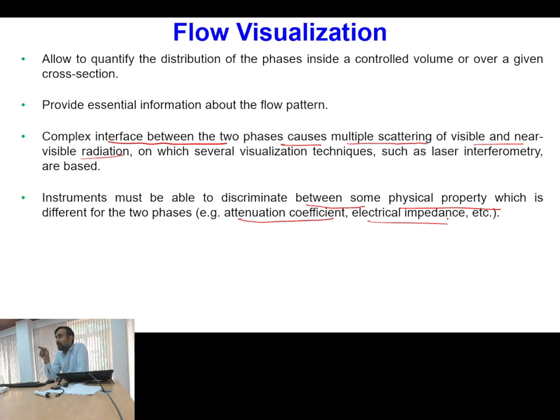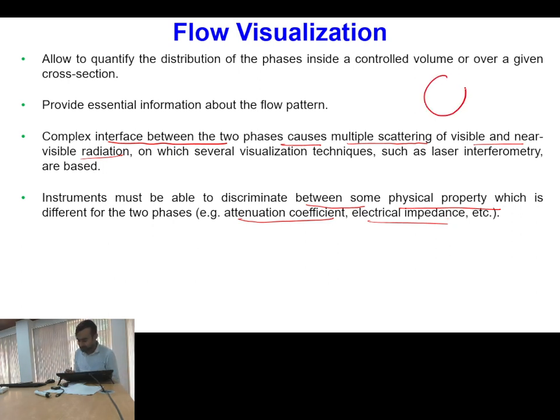Now that local phase distribution function we will try to measure at the majority of points of the cross section, if we have to construct a phase distribution profile at a particular cross section. So simultaneously at a given time we should know the value of phase distribution function at multiple points of the pipe.